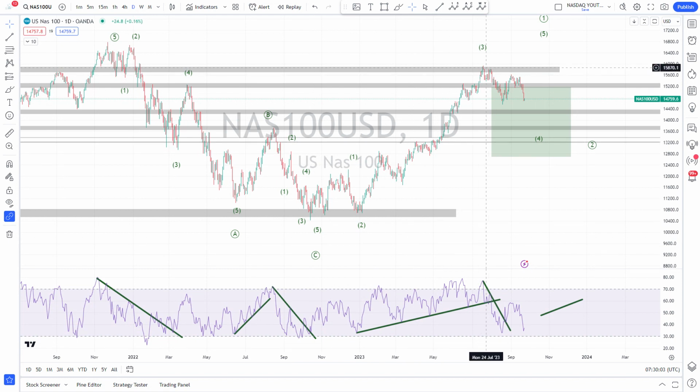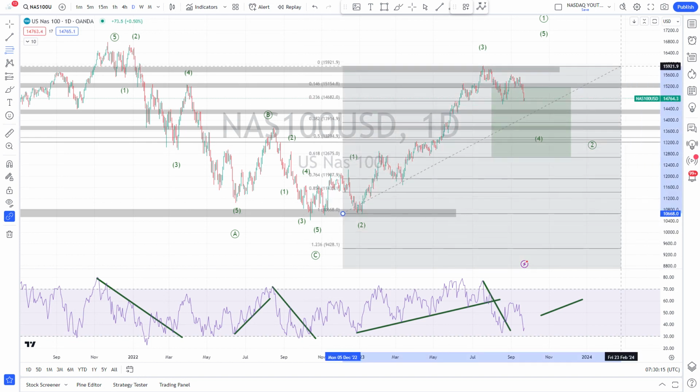Here we had our wave 3, and currently we are working here on a wave 4. This is our wave 4 area. So if we take the length of our wave 3, the wave 4 is supposed to go into the area between the 0.146 and the 0.618 FIP retracement. This is quite a big area.